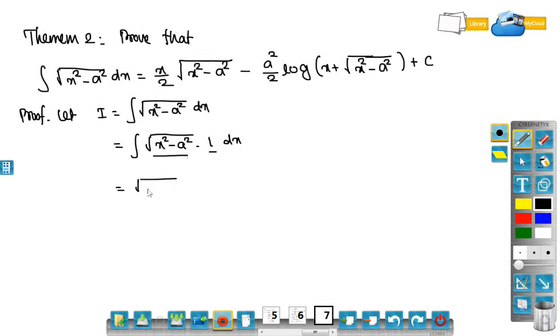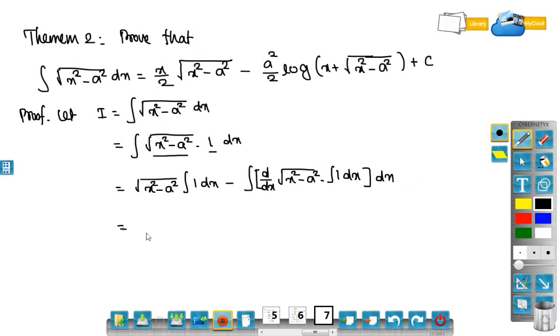So by formula, u into the integral of v dx minus the integral of the derivative of u, the derivative of the first term, into the integral of the second, dx once again.